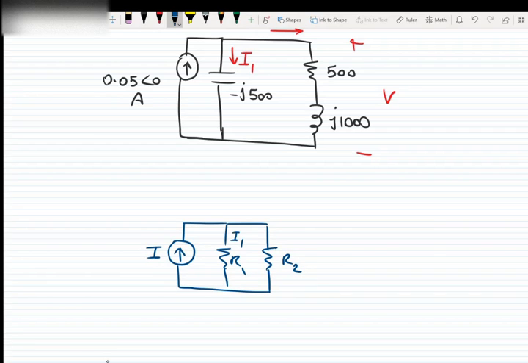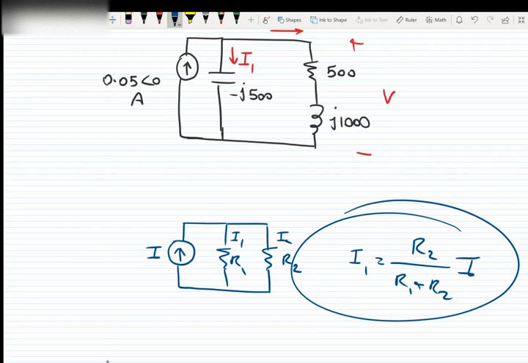In order to find I1 and I2, I said the shortcut is we can say I1 is equal to the other resistor over total resistors times the current. So this one is a shortcut for the current division.